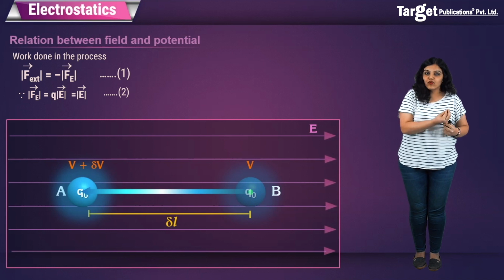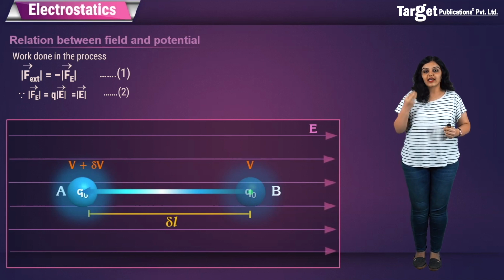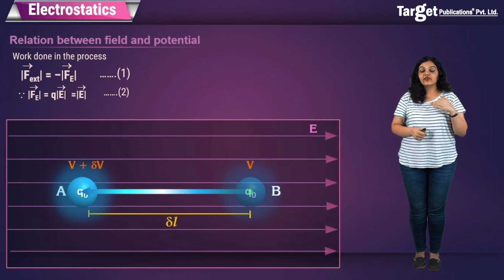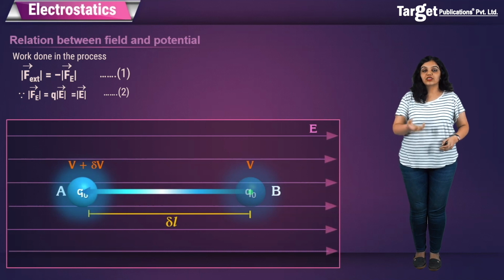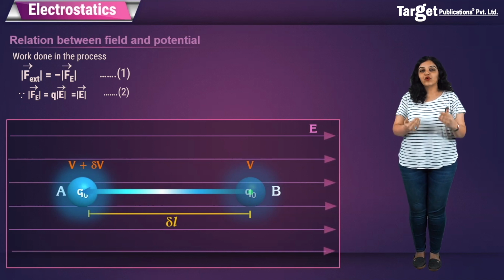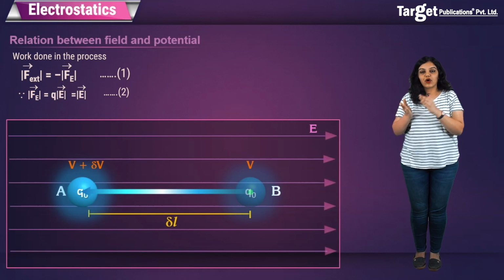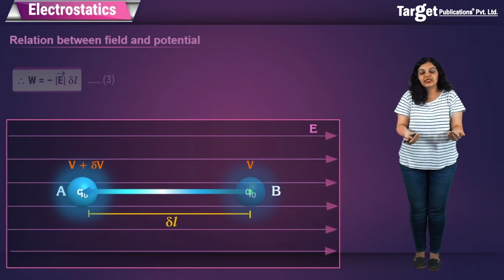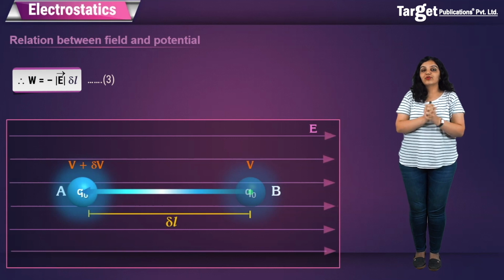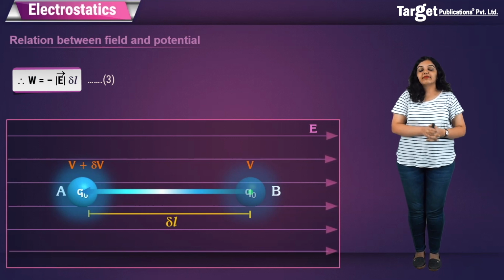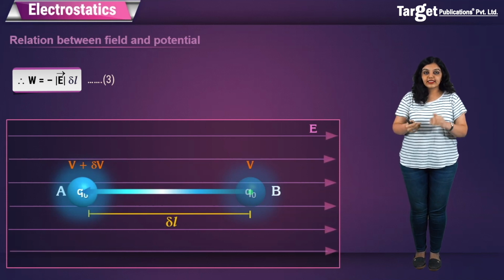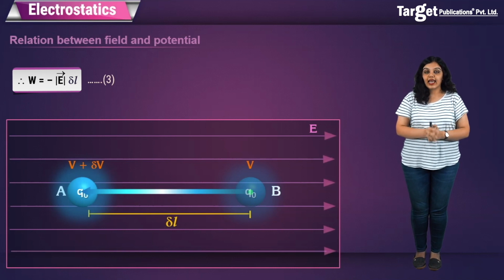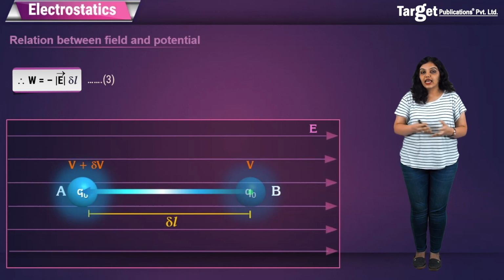So the value of F will be the same as the numerical value of the electric field E. Now instead of writing the expression for the external force, I am just finding the force exerted by the field, which is E. And the negative of this will be the force which I have to exert to take this from B to A. So when I'm finding the work done by the field, I see that the value of the force is numerically equal to E, and that multiplied by displacement del L is the work done by the field. To get my work done, I put a minus sign, so the work done by an external force in this process is minus E dot dl, or I can say it is minus E dl simply.